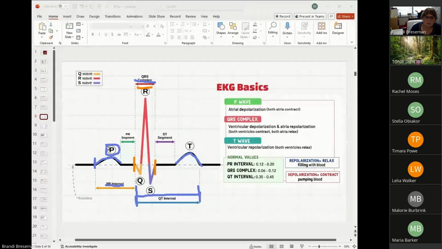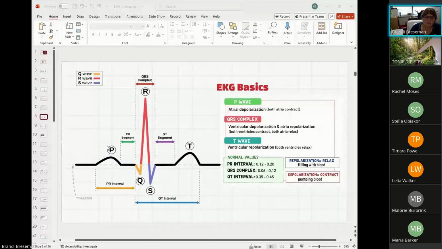So when we're looking at our EKG, the first thing we're going to look for is our P wave. Then we are going to look at our QRS, which is this right here. I know my line isn't straight, but you are following me.